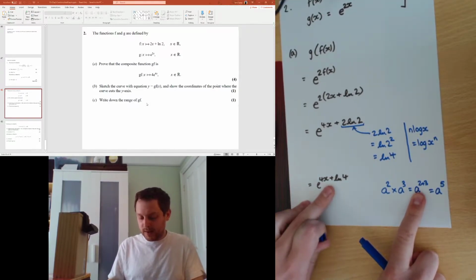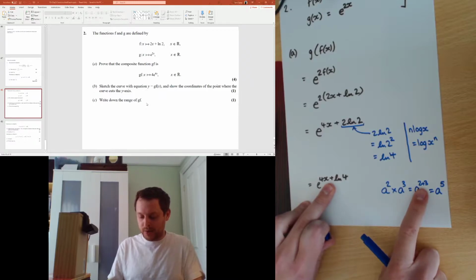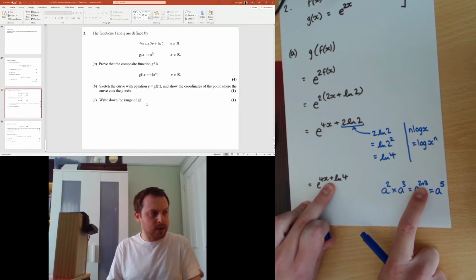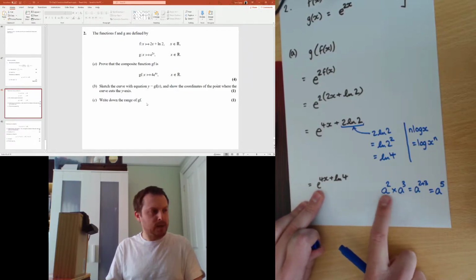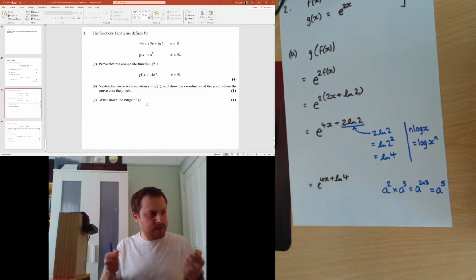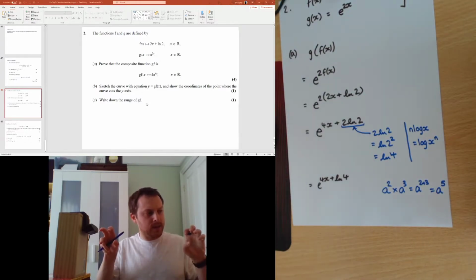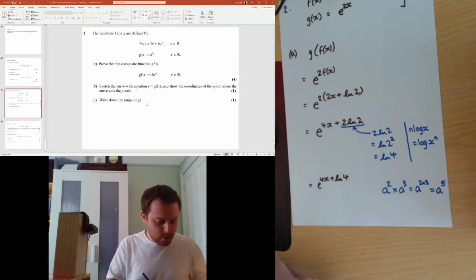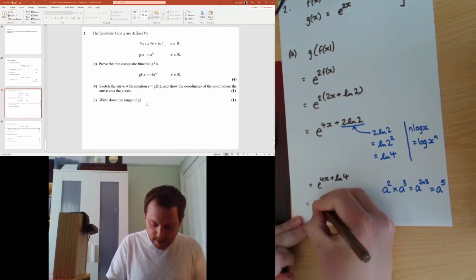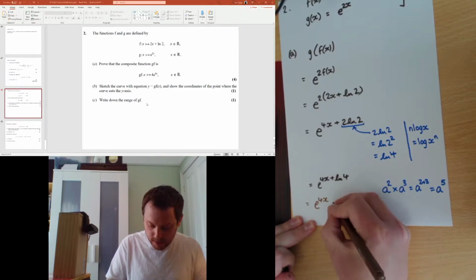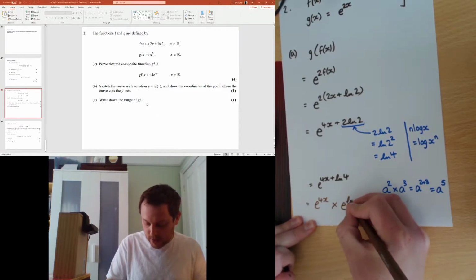So this is kind of wanting us to go backwards. When you have a sum of powers, it's a product with the same base and the 2 separate powers. So what this turns out to be is e to the 4x multiplied by e to the log 4.